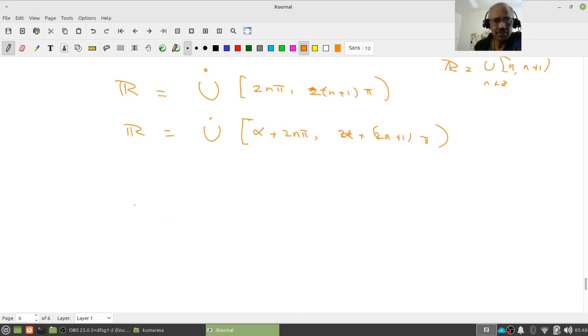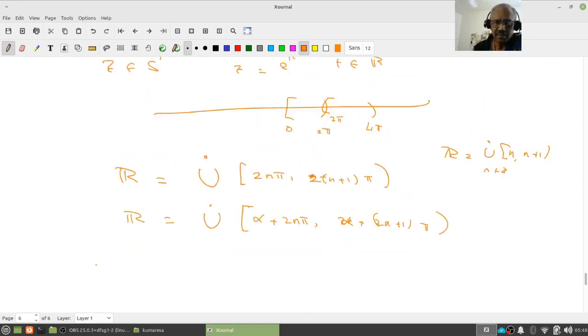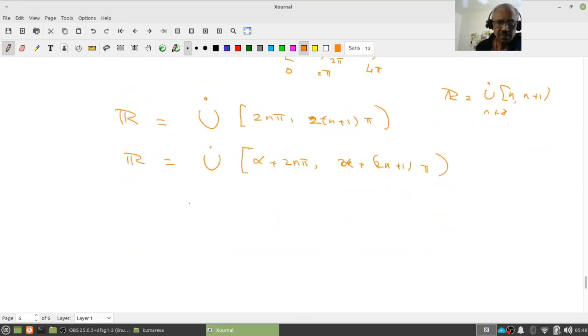Anyway, therefore given any t, so that e power i t equals z, t has to be in a unique interval alpha plus 2n pi to alpha plus 2 times n plus 1 pi.